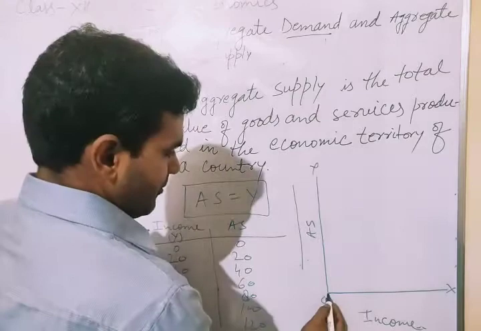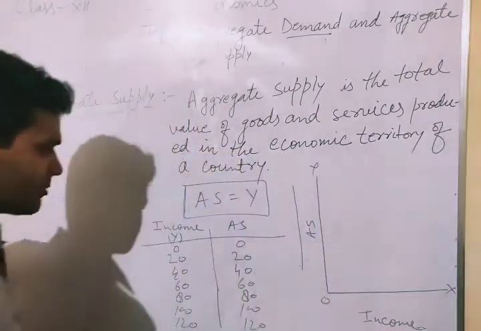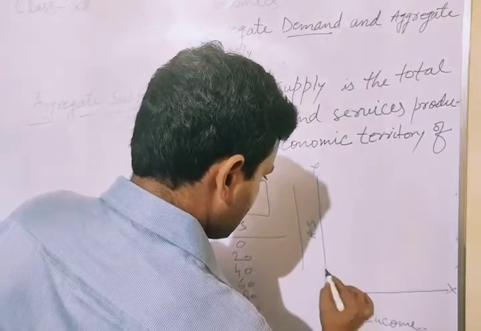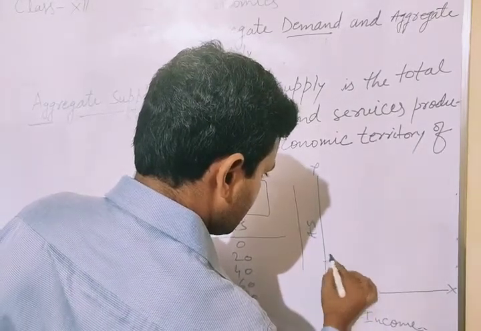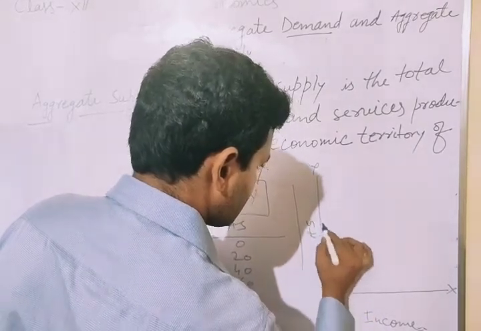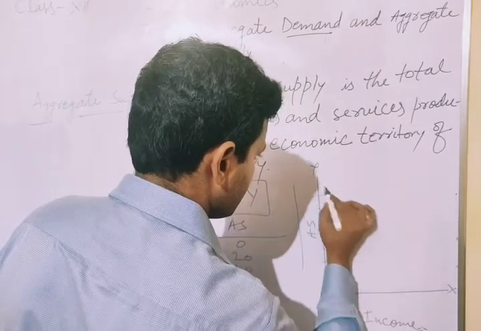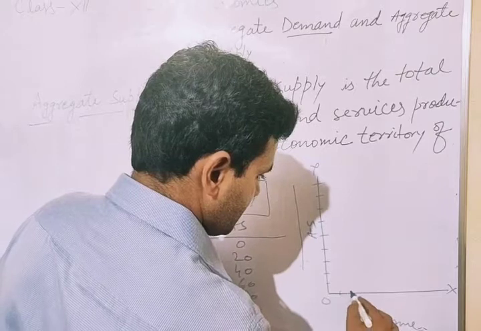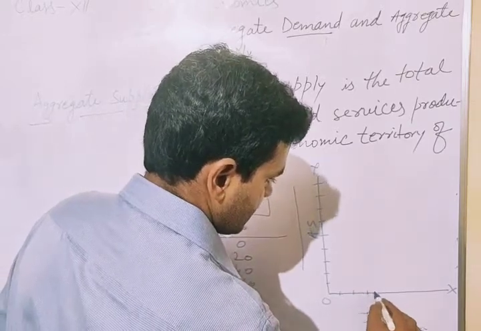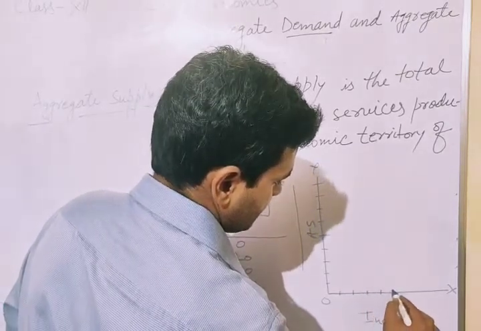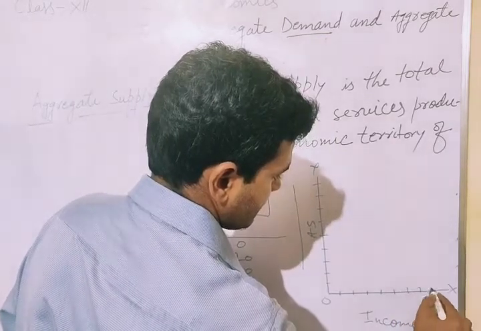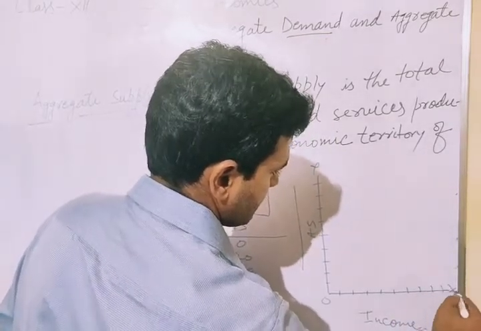When income is 0, the aggregate supply is also 0. We mark 10, 20, 30, 40, 50, 60, 70, 80, 90, 100, 110, 120.